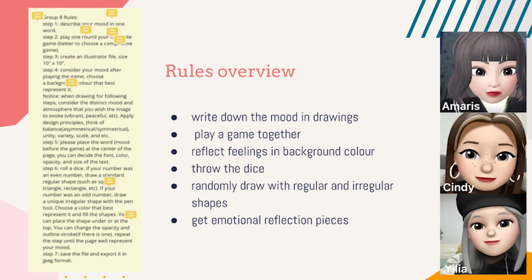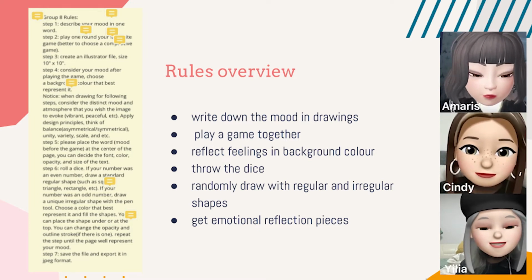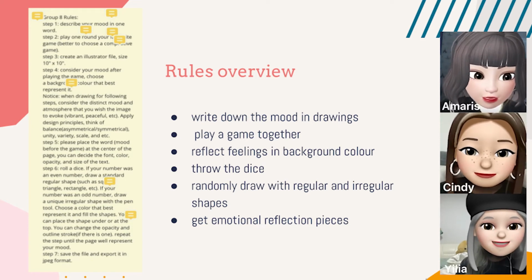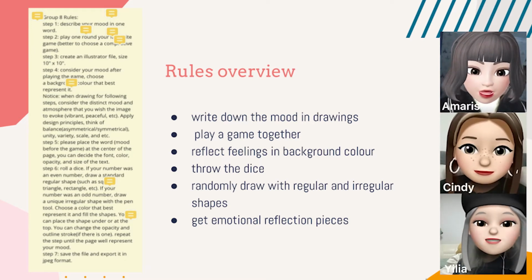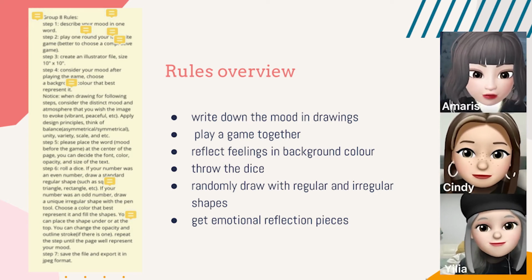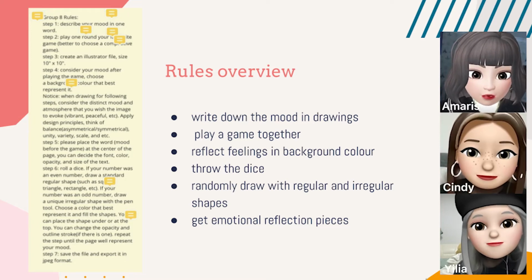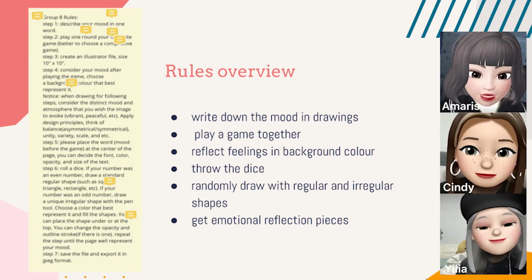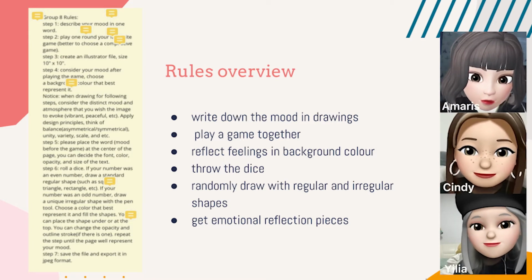By throwing the dice many times, implementers can randomly draw with regular and irregular shapes and design their own emotional reflection pieces, which I think would be a quite intriguing way to perceive their emotional change and also practice their design principles. And here, Cindy will introduce the execution part of our project.